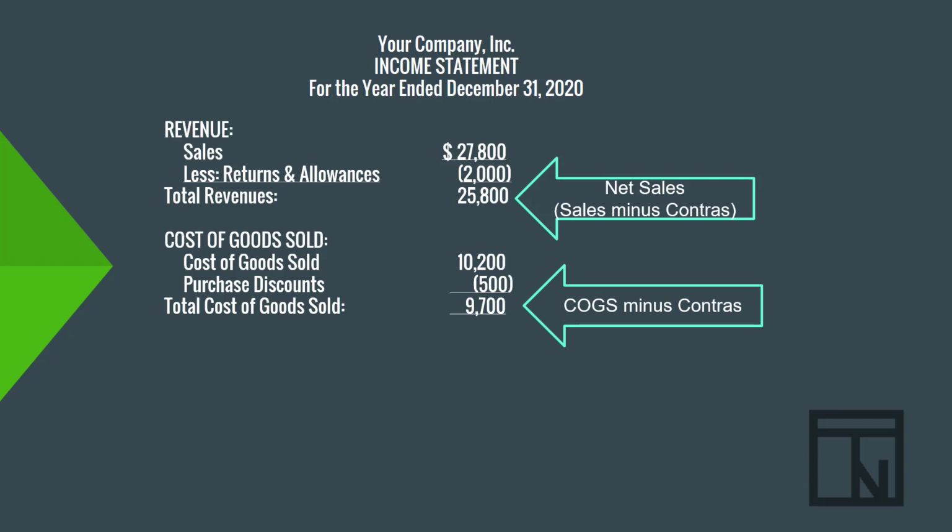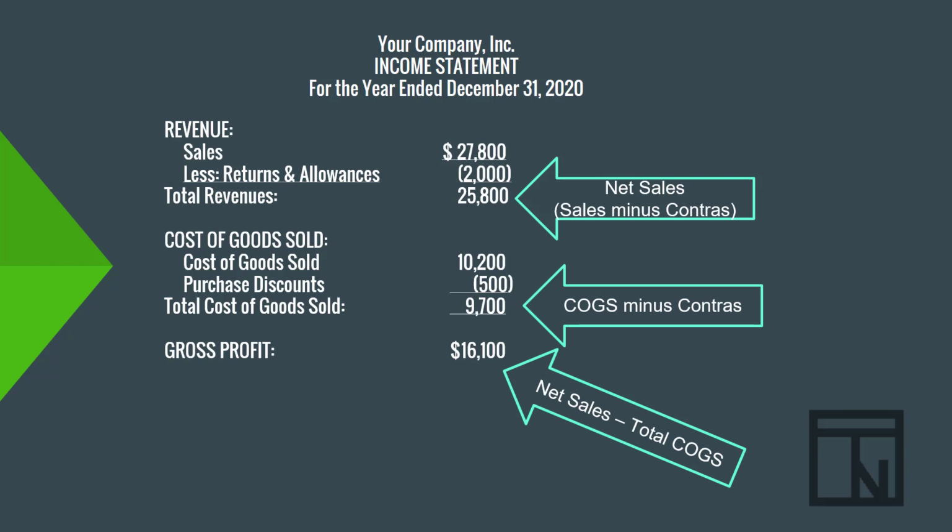After you finish those 2 categories, we have our first step, or subtotal, in the statement. It's called gross profit. Your gross profit is just the net sales, or total revenues, minus total cost of goods sold. Gross profit tells us how much money we've earned just from selling the products. So just taking out the cost of the products themselves, what is our margin on these products?